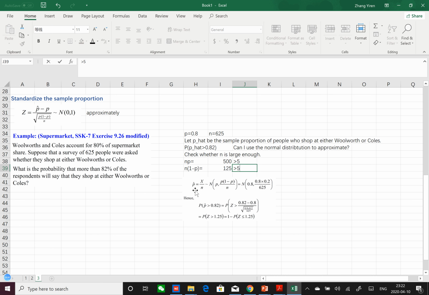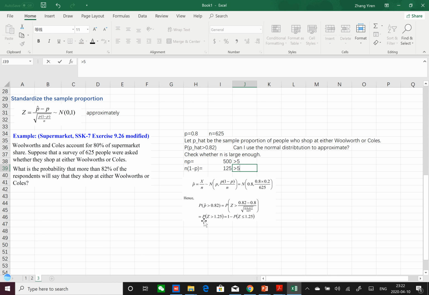By the central limit theorem, p hat approximately follows the normal distribution with mean 0.8 and variance 0.8 times 0.2 divided by 625. We can write the probability this way and standardize it.